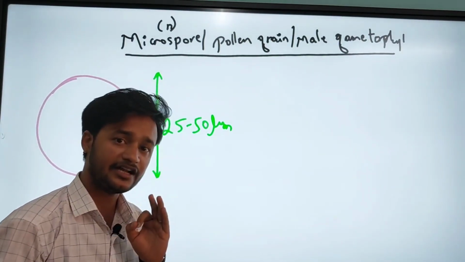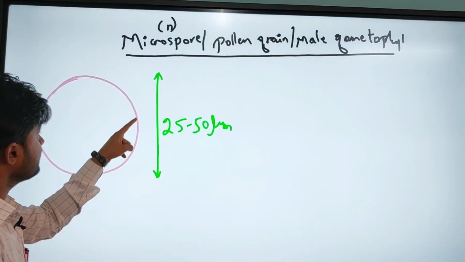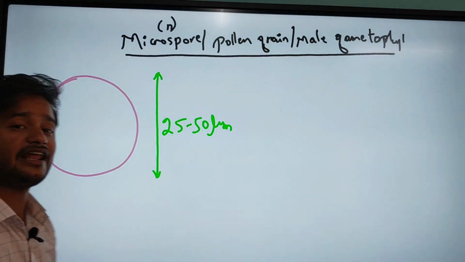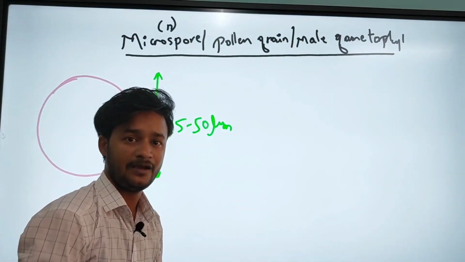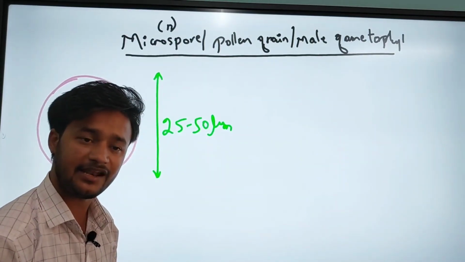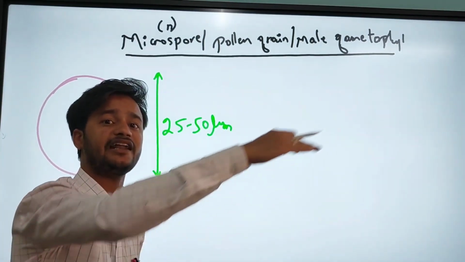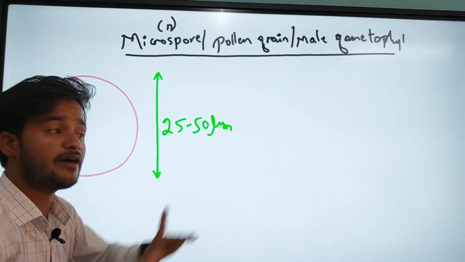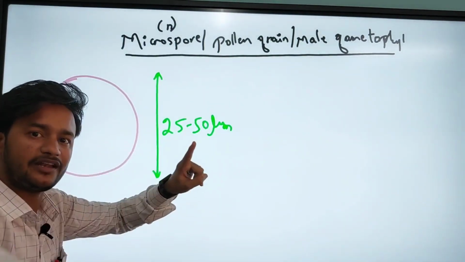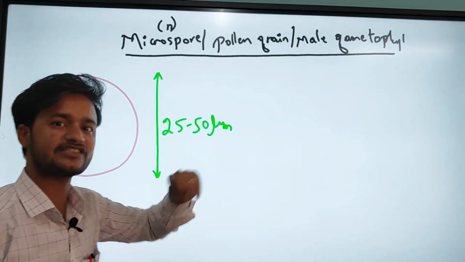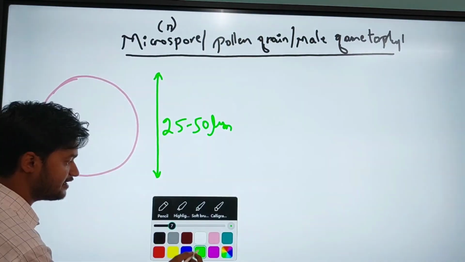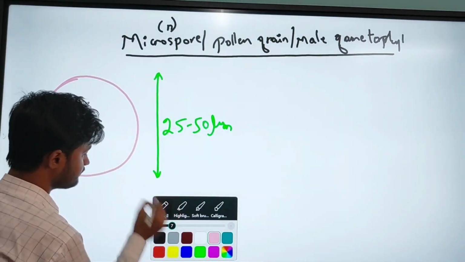Okay, and remember one thing, the pollen grain is covered by a layer, the boundary of the cell. The pollen grain is a haploid cell, and the boundary of the pollen grain is called what? Plasma membrane. This is the plasma membrane, right?